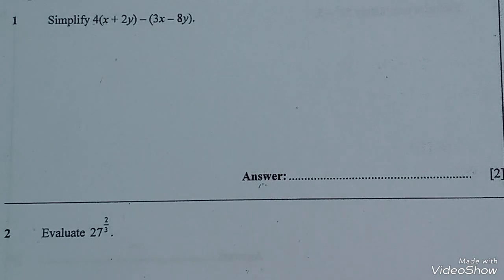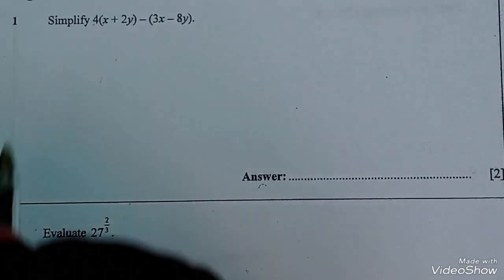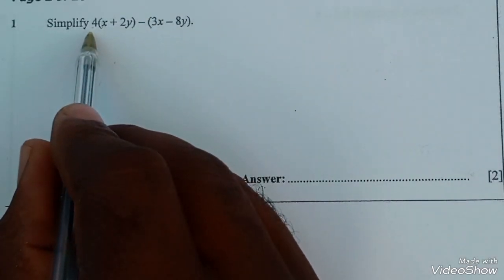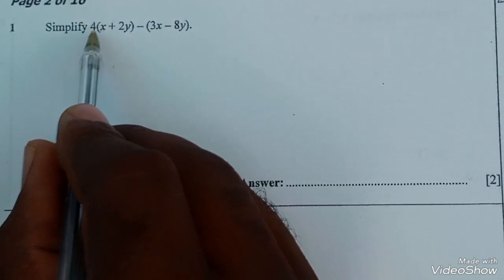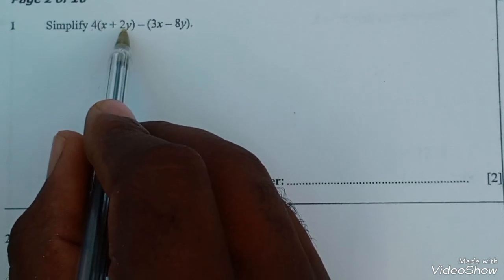Simplify 4 open bracket x plus 2y close bracket minus open bracket 3x minus 8y close bracket. So the first thing you need to break the brackets. You break the brackets by multiplying the outside quantity with the inside quantities.